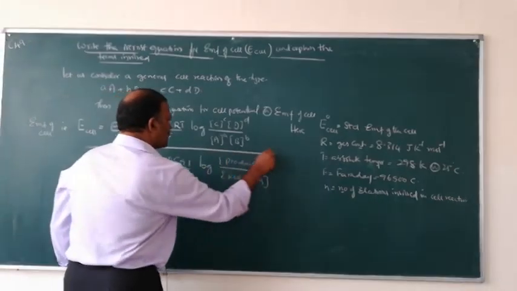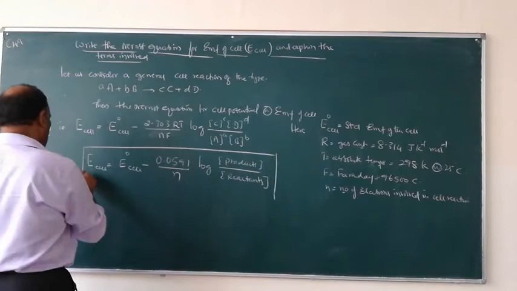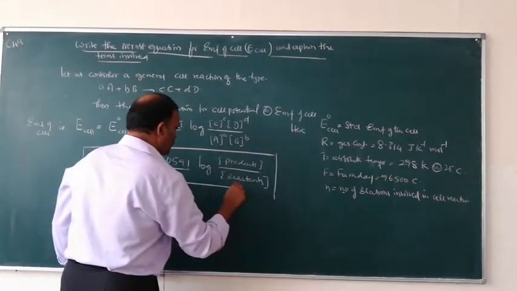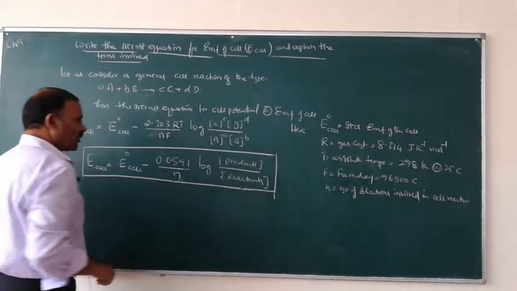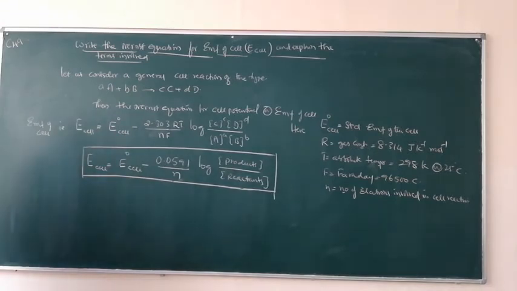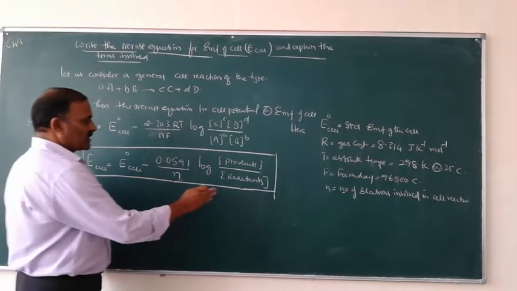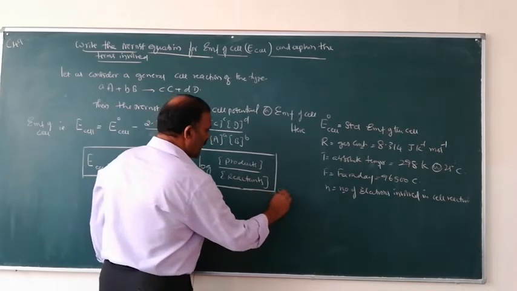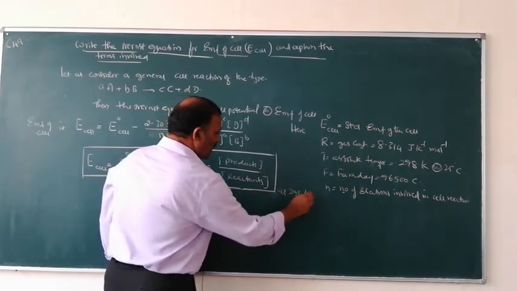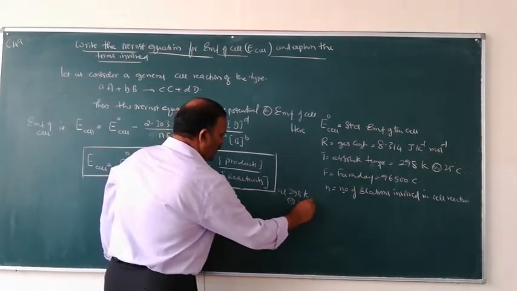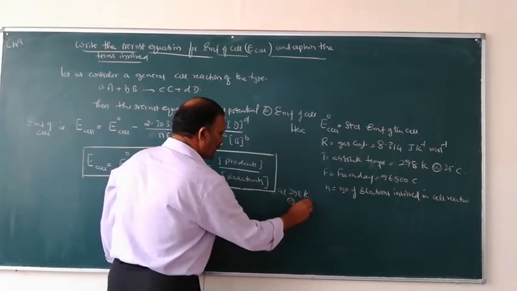So this is very important to work out problems. So this is Nernst equation for calculation of EMF of cell. This equation you have to use at 298 Kelvin or 25 degree centigrade.